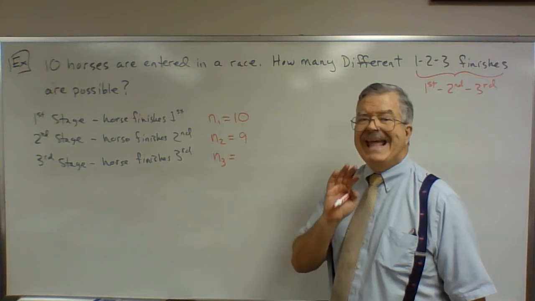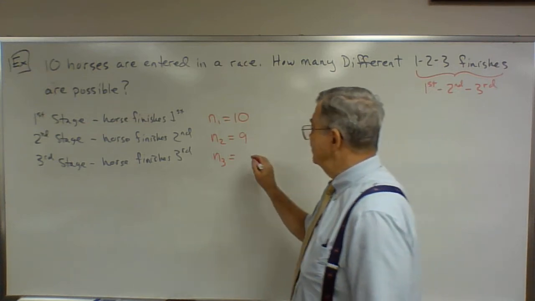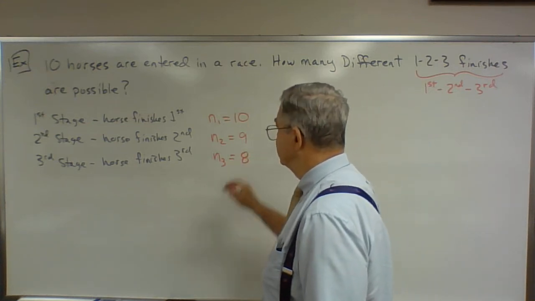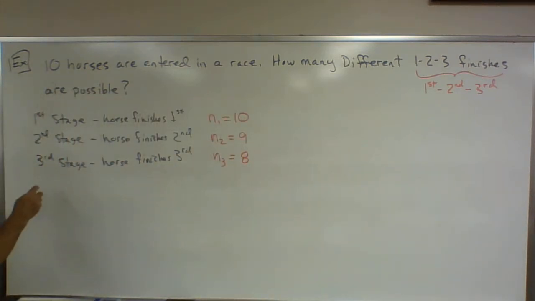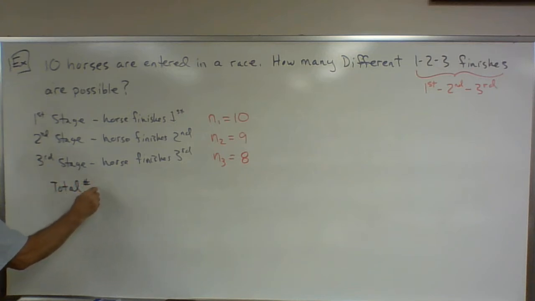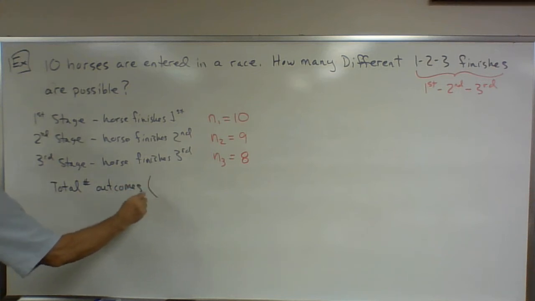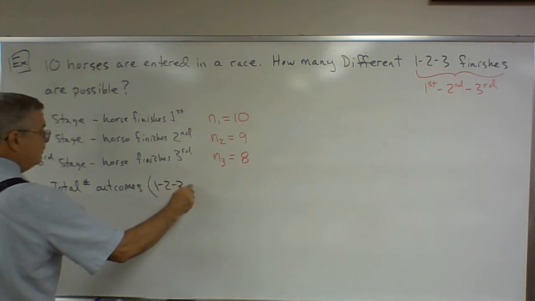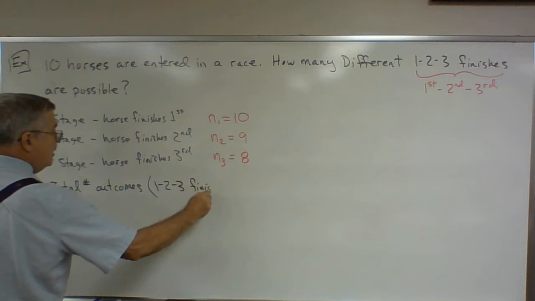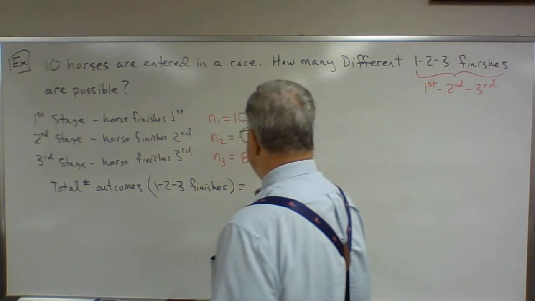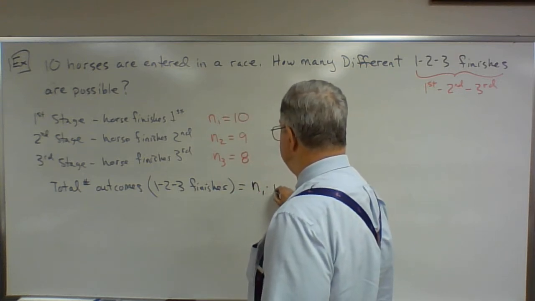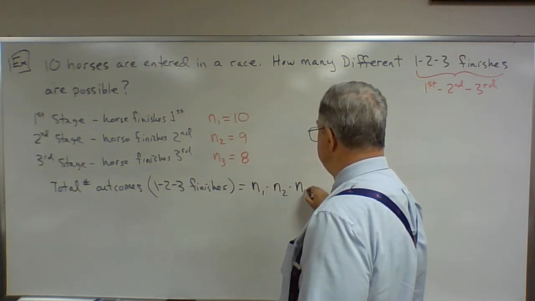So there are only 8 horses left which can finish third. So the total number of outcomes for 1, 2, 3 finishes is N1 times N2 times N3.